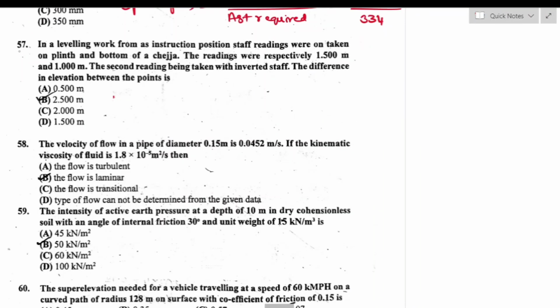Question number 57. In a leveling work from an instrument position, staff readings were taken on the kerb and bottom of the soffit. The readings were respectively 1.5 meter and 1 meter, the second reading being taken with the inverted staff. So we have to find the difference in elevation between these points.